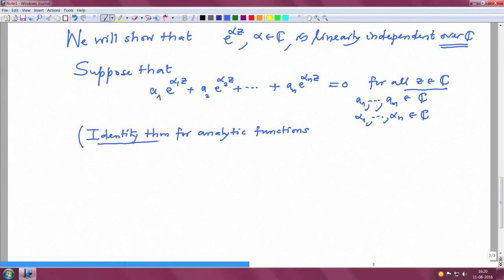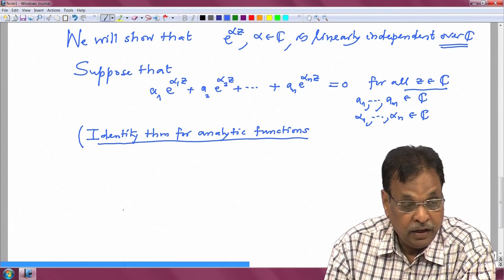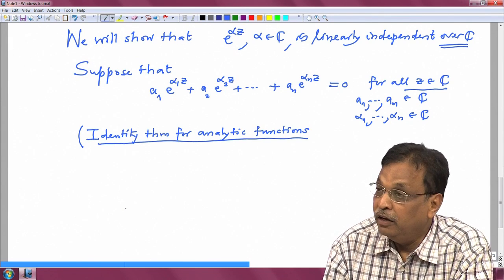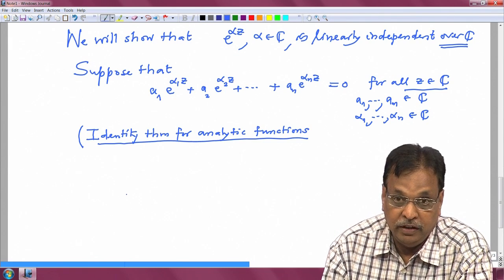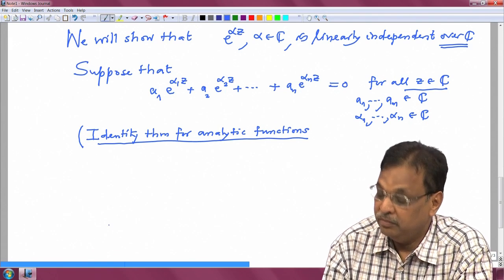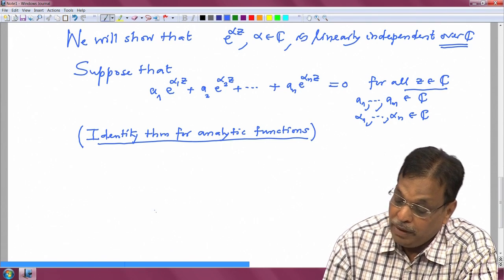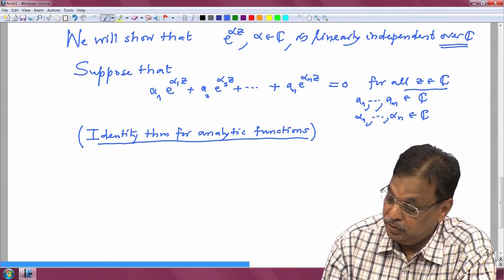What does it say? It says that if you have an analytic function on a domain D where D has a limit point, and it is 0 on D, then it is actually the 0 function. So, by that this will be 0 for all complex numbers.